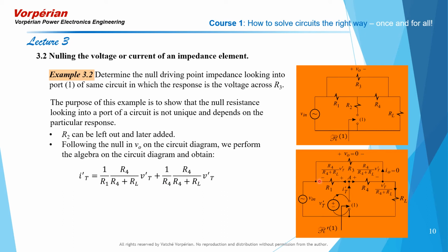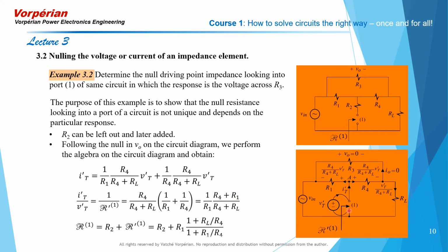And this current here, which is going to be the voltage across R1 divided by R1. And when I factor R4, I get this expression for R prime 1 looking into this port here. And I add to it R2, and I get this different expression for the null impedance looking into port 1 of this network.